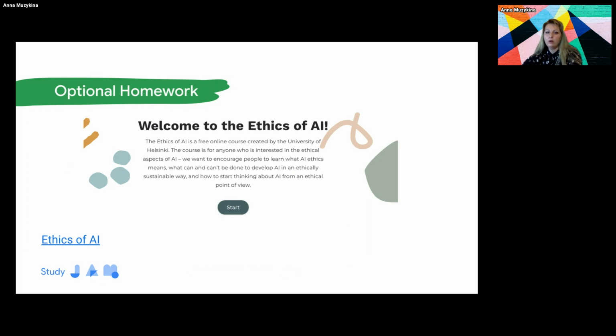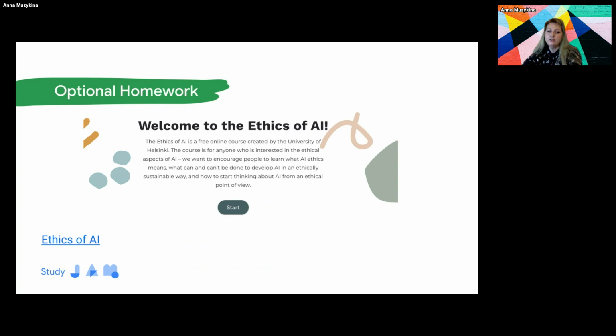We will also begin to consider the principle of beneficence. By engaging with this course, you'll gain the ability to critically analyze ethical dilemmas in AI, apply ethical principles, advocate for responsible practices, and contribute to the ongoing discussion about the future of AI.